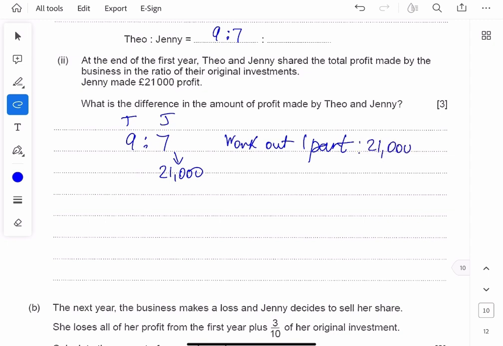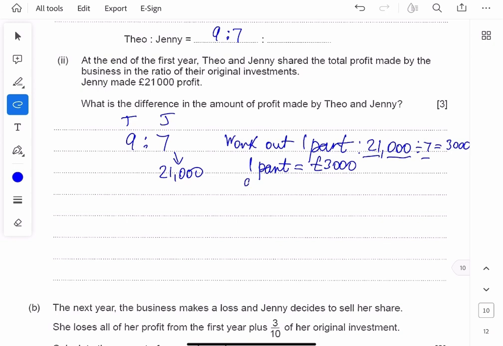We always work out one part. That helps us to work out the other parts afterwards. So 21,000 divided by 7. So ignore the zeros, do 21 divided by 7. That is your 7 times table, 3, and put 3 zeros into your answer. So one part represents 3,000.